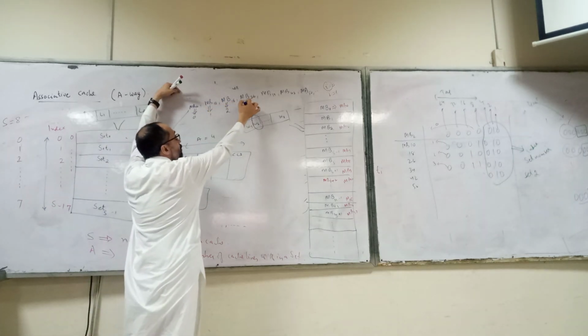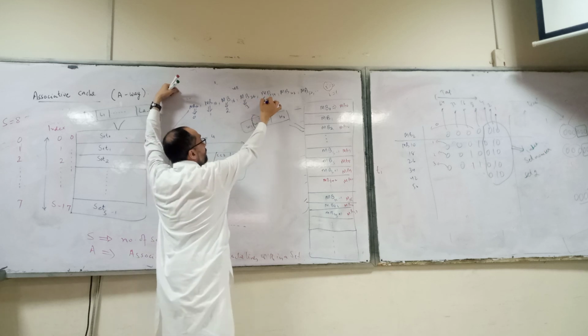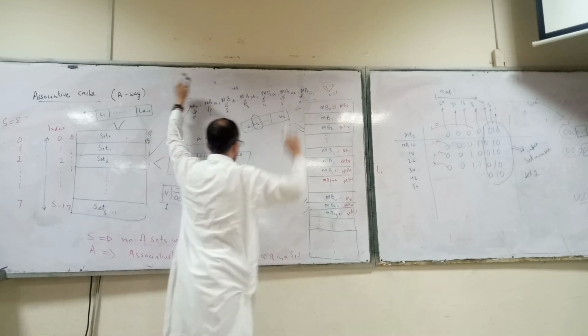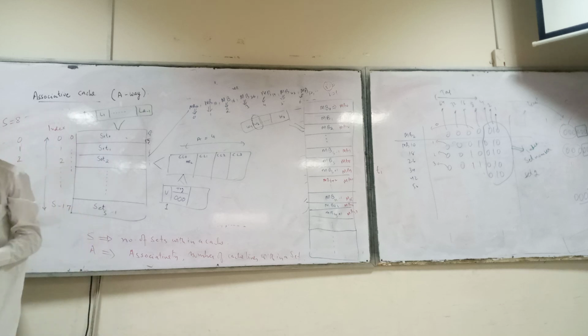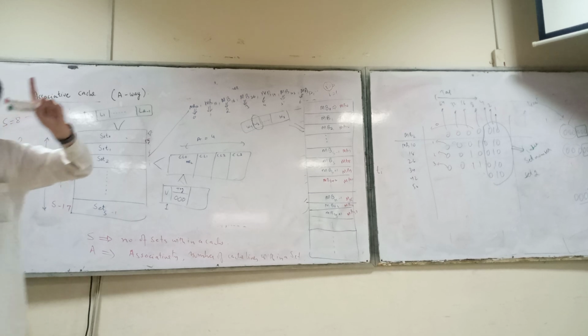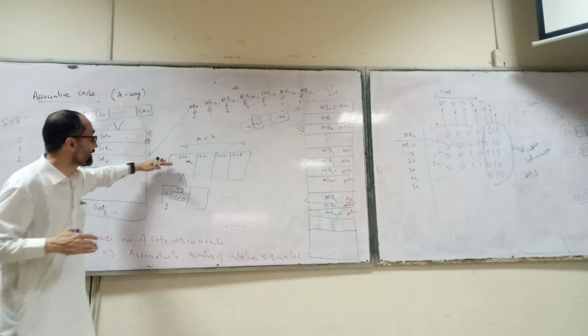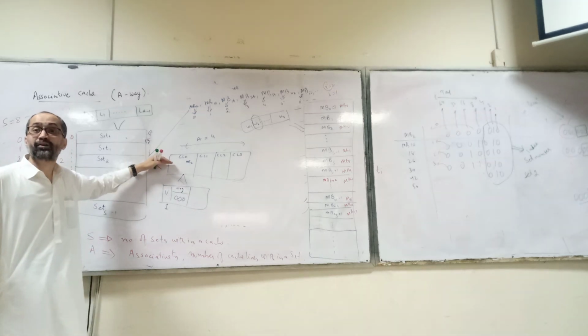What is the tag field? 2, 3, 4, 5, 6, and so on. So the tag field identifies a particular block within the particular set, not line, set, because this set can accommodate how many lines? 4 lines.